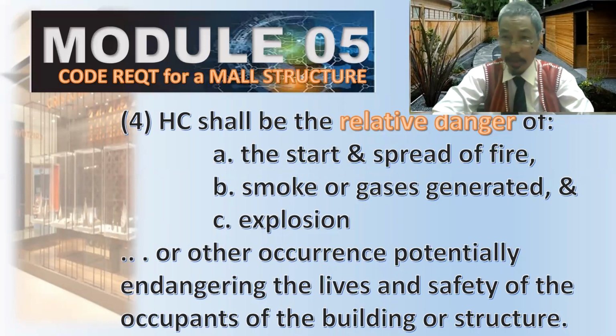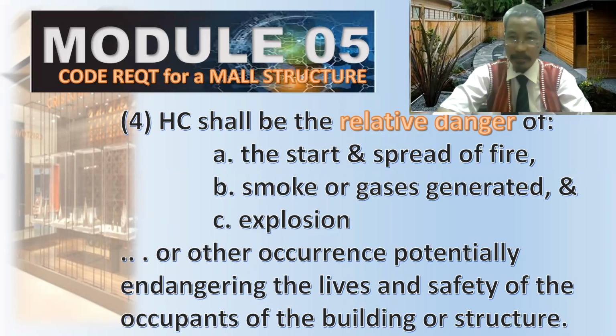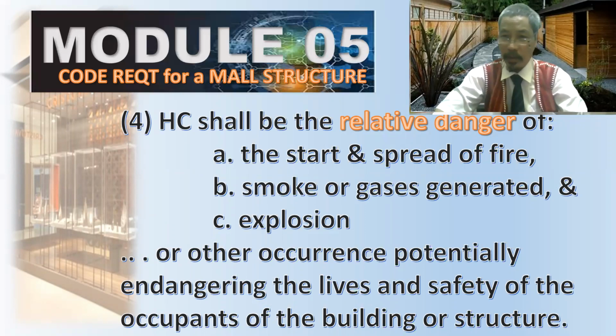Because our main scope of fire code is to minimize danger to life. It's number one. Minimize danger to life. It is also written on the objective of the code.